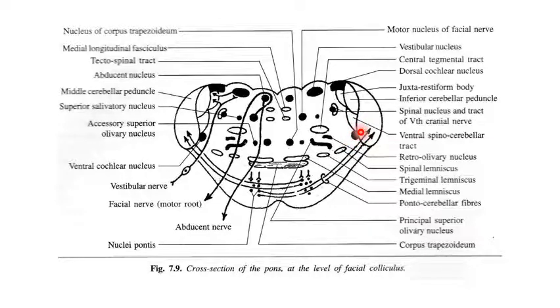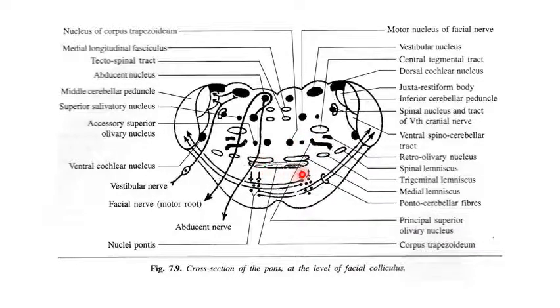They receive fibers from the opposite ventral cochlear nucleus in the form of ventral acoustic stria. So this is the left ventral cochlear nucleus. Fibers cross midline and project here to superior olivary nucleus and nucleus of trapezoid body. From this ventral cochlear nucleus, fibers will cross and project to the opposite side, superior olivary nucleus and nucleus of trapezoid body.